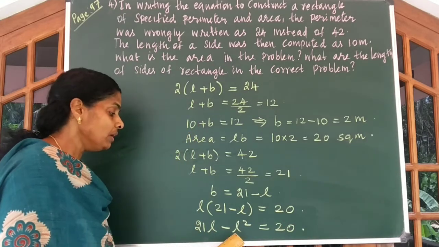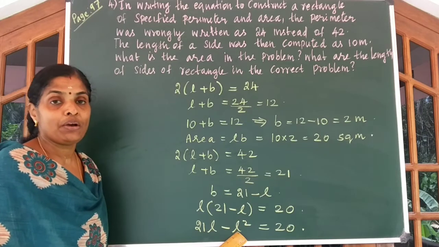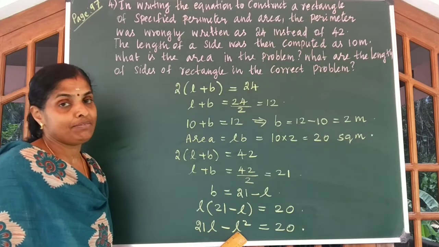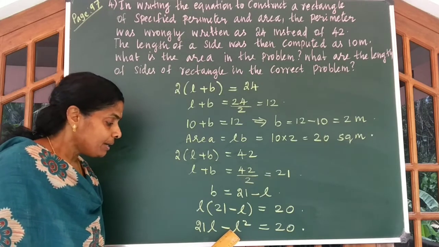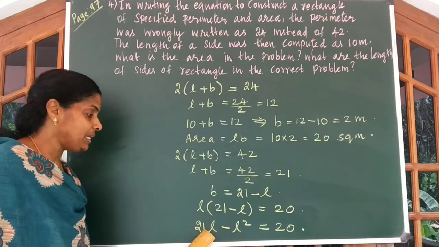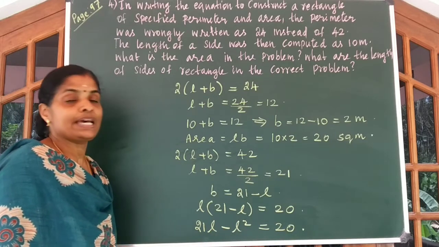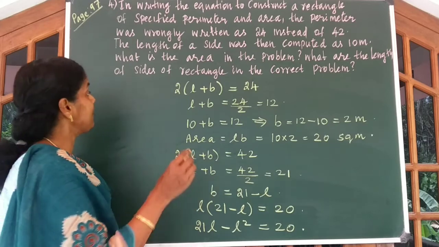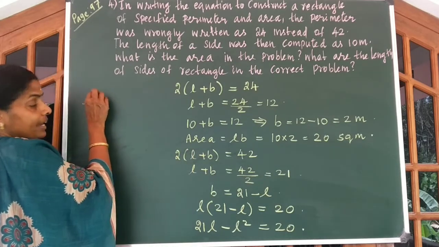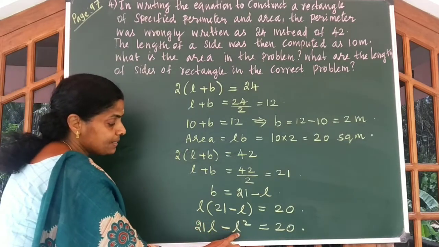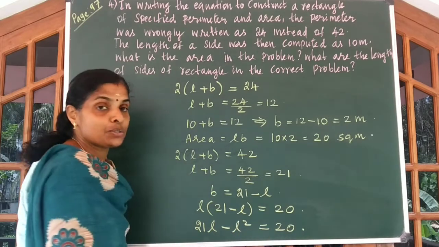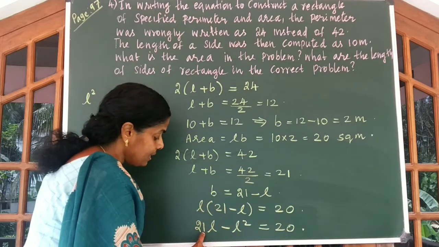Now we know our first term should always be a positive number. So let us take minus L square and 21L to the other side of the equation, so that we get L square. Minus L square becomes plus L square when taken to the other side.